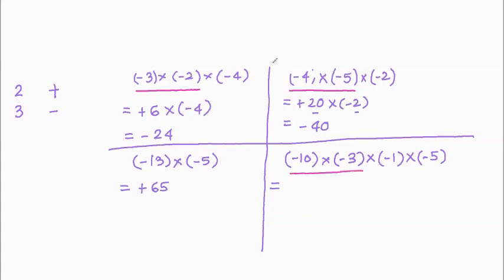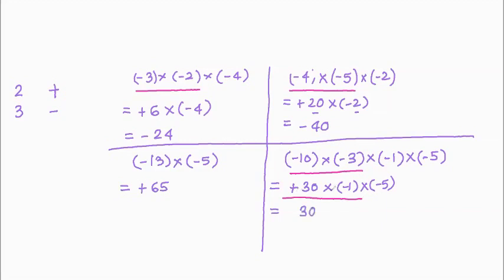Multiplying the weights 10 and 3, I get answer 30. Same signs, minus and minus, same signs result into positive sign. Multiplied by minus 1 multiplied by minus 5. Now this time the left hand side pair we are going to use. So multiplying the weights, we get 30 into 1, 30.